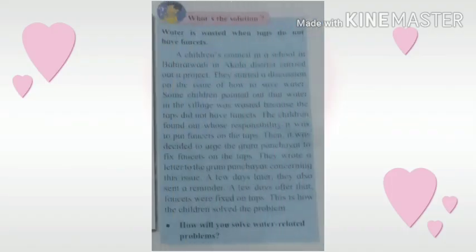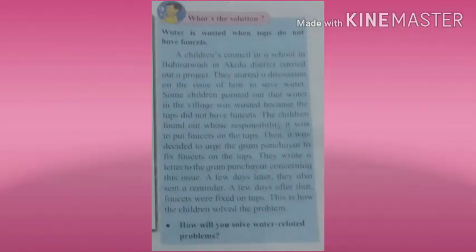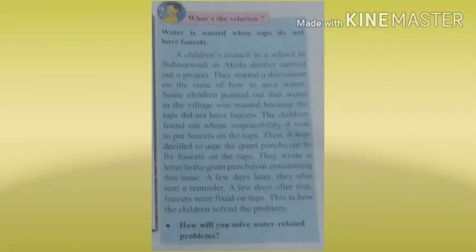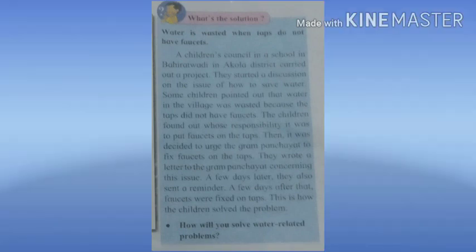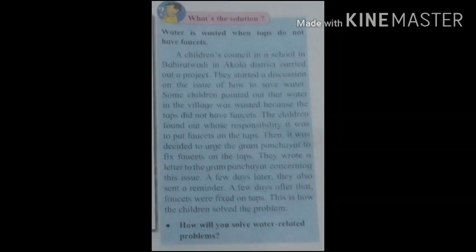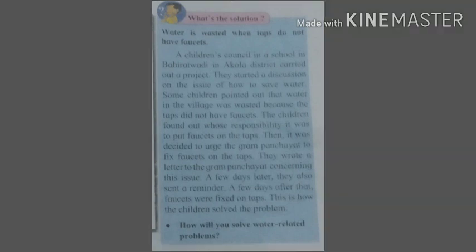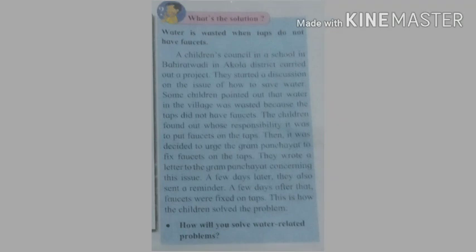What's the solution? Water is wasted when taps do not have nozzles. A children's council in a school in Abhairatwadi in Akola district carried out a project. They started a discussion on how to save water. Some children pointed out that water in the village was wasted because the taps did not have nozzles.